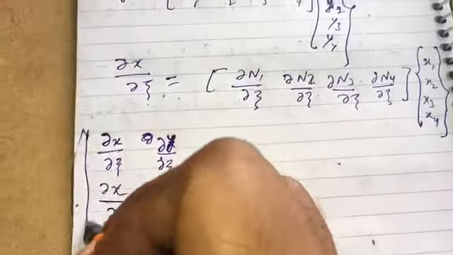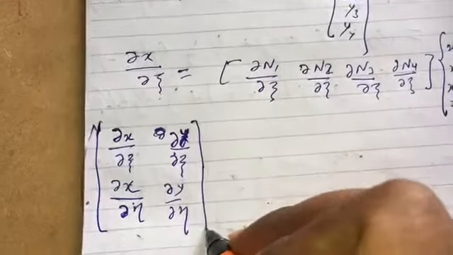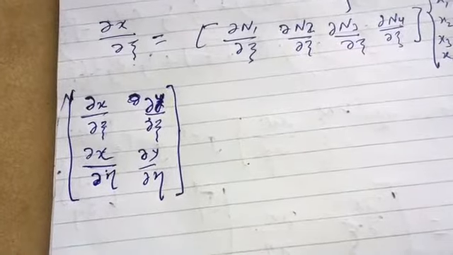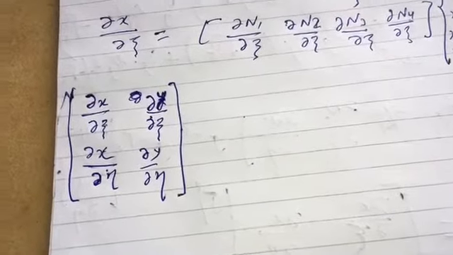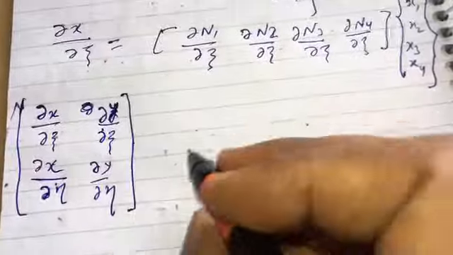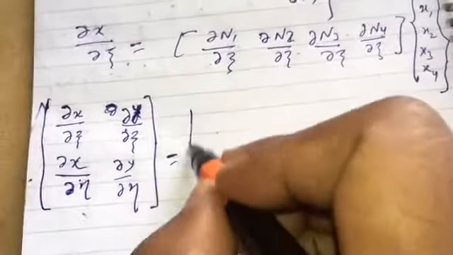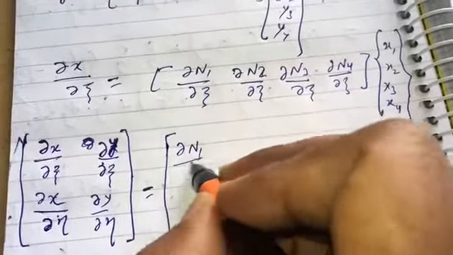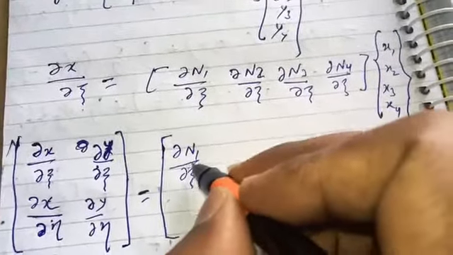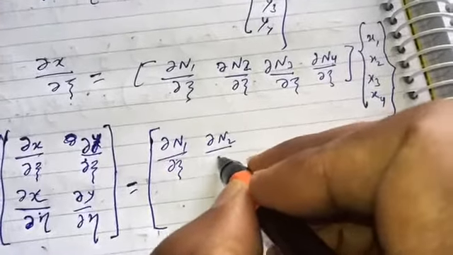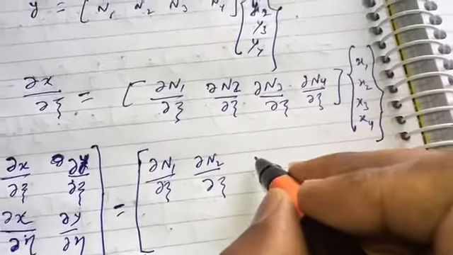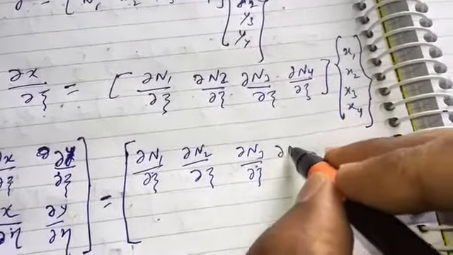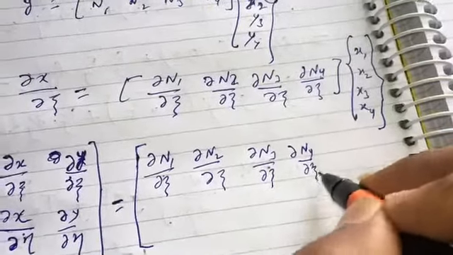So this, which is J transpose, will be equal to nothing but del n1 del xi, del n2 del xi, del n3 del xi, del n4 del xi.